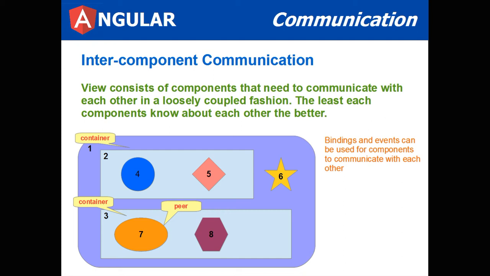And the components have peers, of course. 7 is a peer with 8, but 7 and 8 are both contained within a container, component number 3. So when you design component architecture and development, you think about these things, and you try to write reusable components in such a way that component 4 does not need to know about the implementation of component 5, etc.